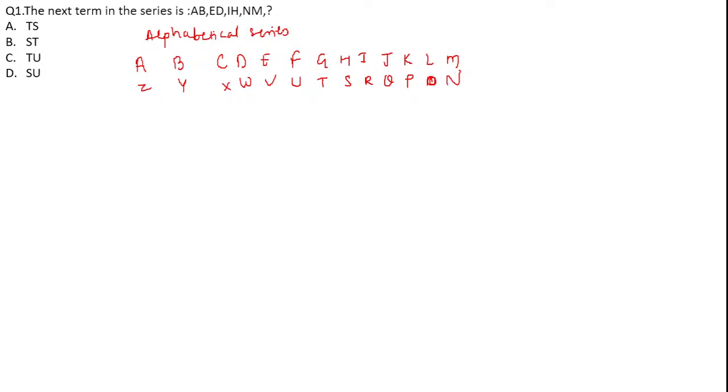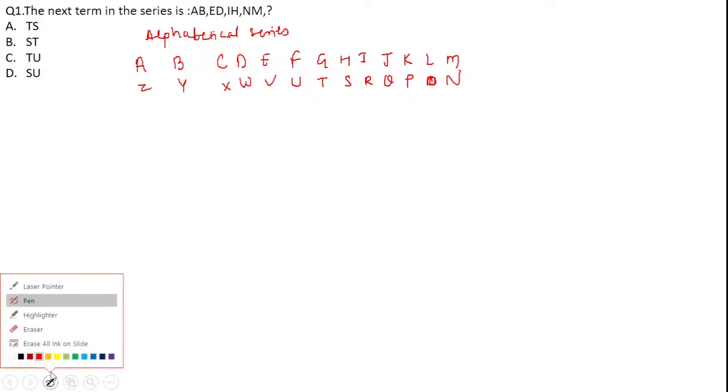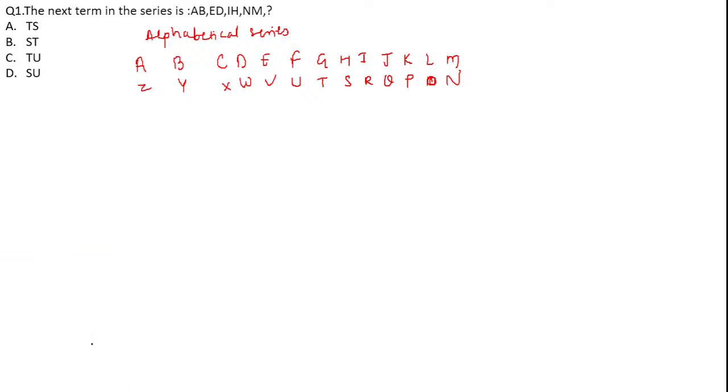Now let's try to solve this question. This is a little bit complicated question, but no need to worry. You just have to analyze the alphabets given in the question, that is A, B, E, D, I, H, and N, M. After analyzing, you can see a pattern between them.